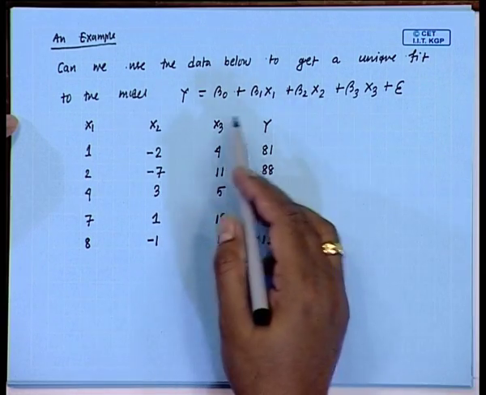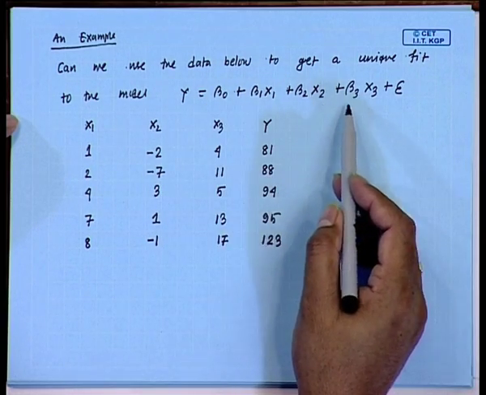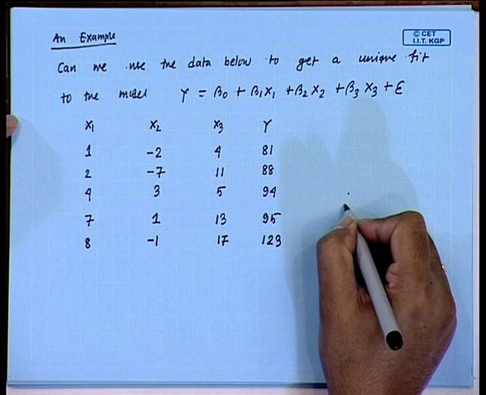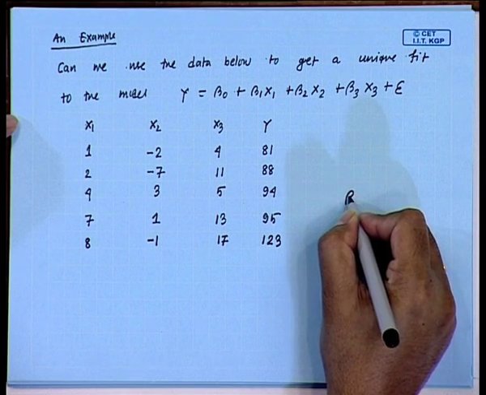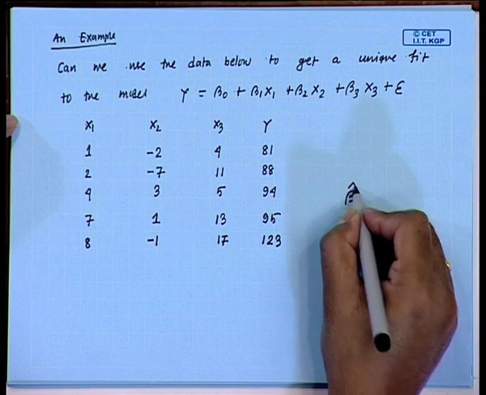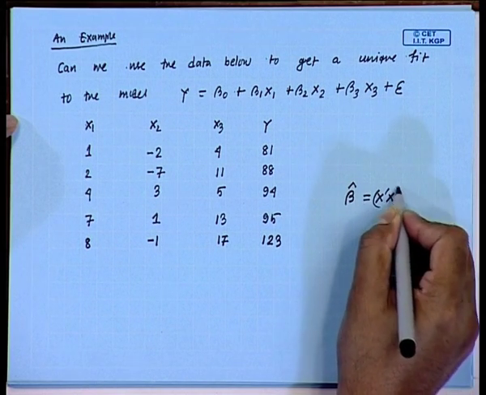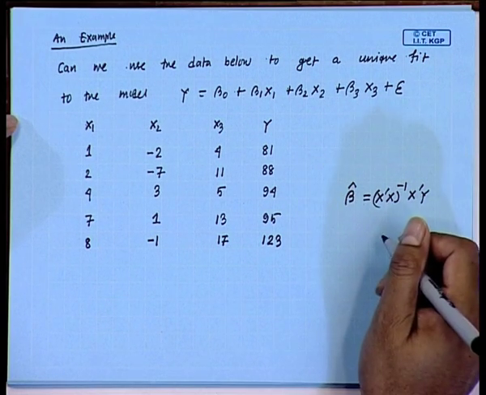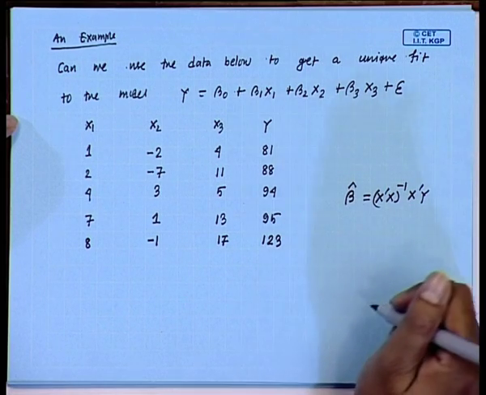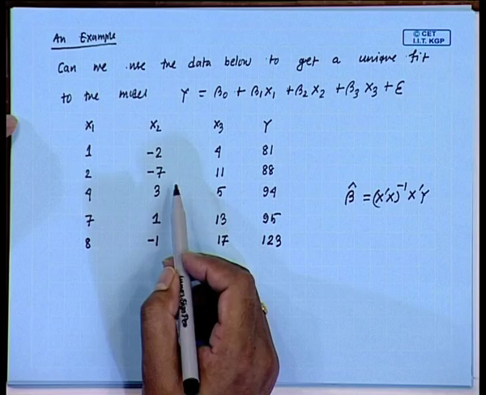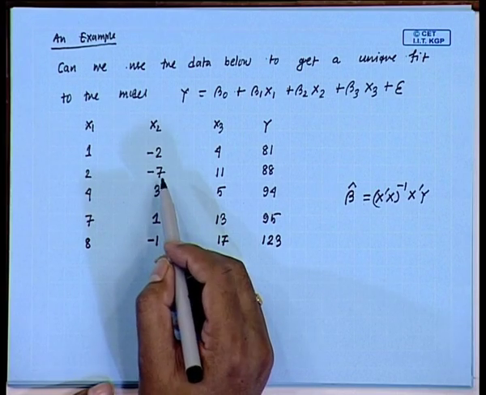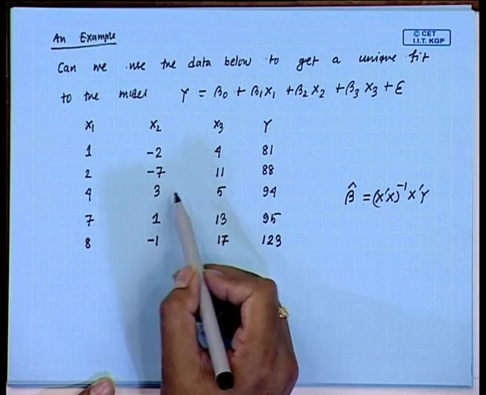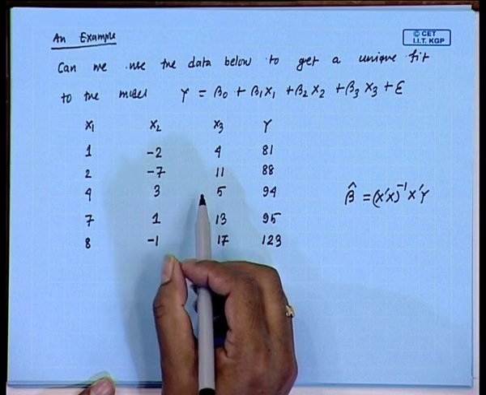Well, of course, we can get a unique fit, that means we can estimate the regression coefficients using the least square estimate, that is beta hat equal to X prime X inverse X prime y, provided X prime X is not singular. Now, here if you observe, it is not difficult to check that these 3 regressors are not independent.